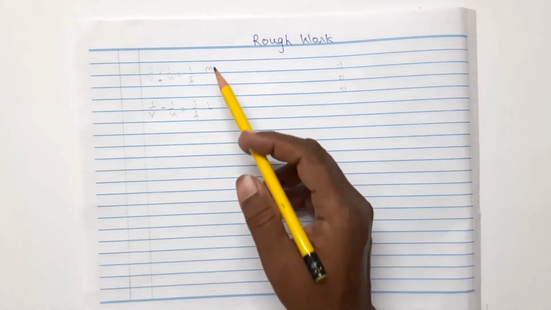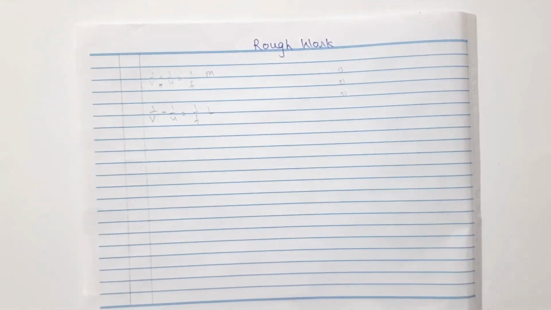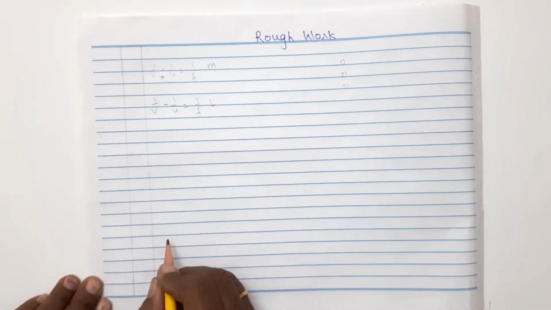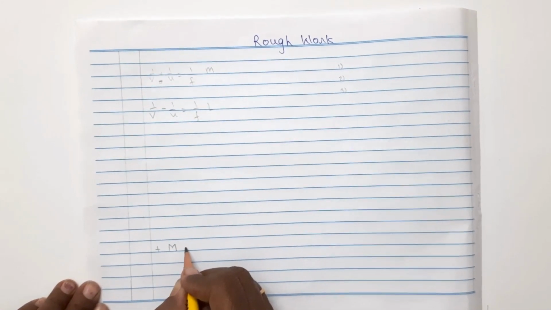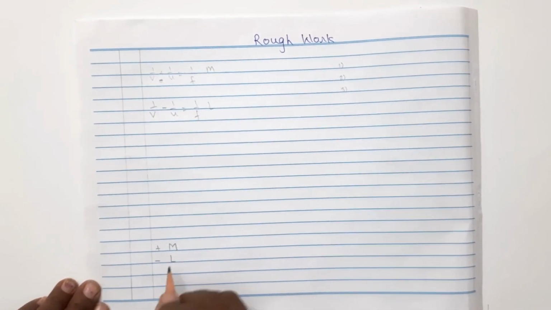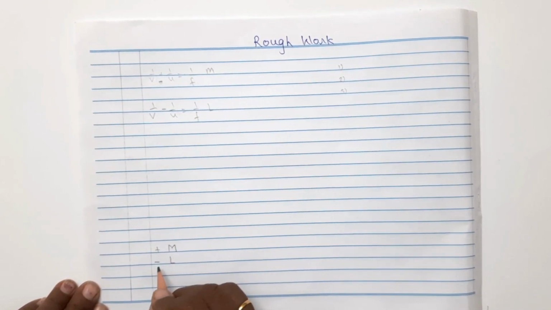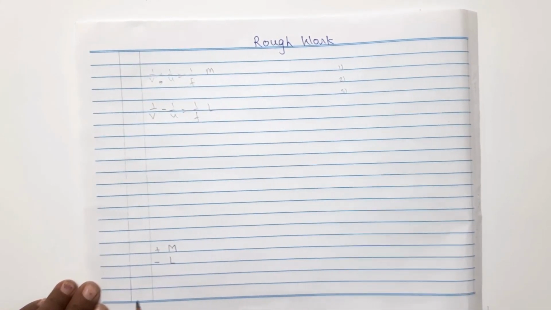Now you are getting confused always while solving paper. So what you will do is, here you write plus for mirror formula, minus for lens formula. This should be visible to you, and what is M and what is L, that you only know.